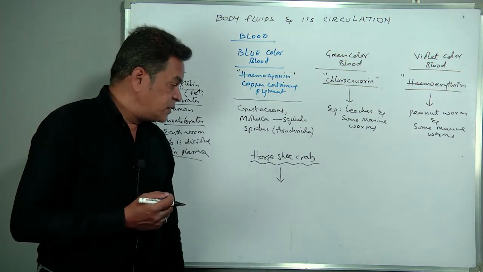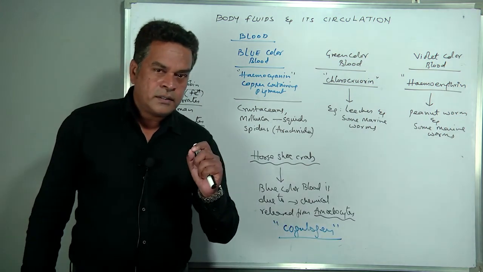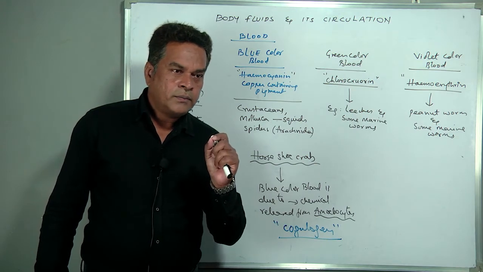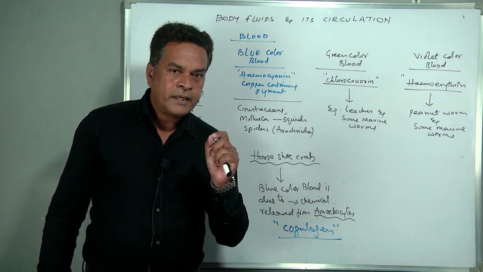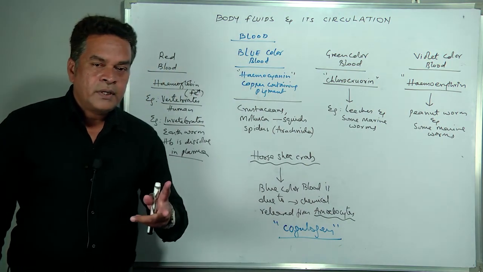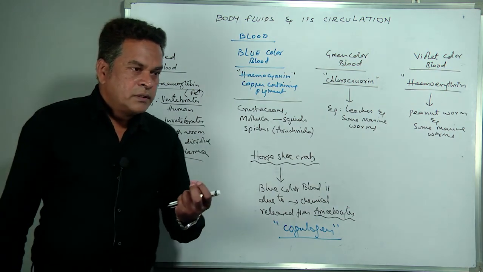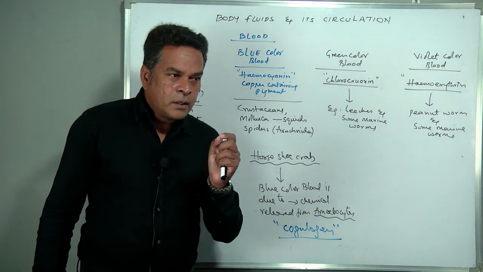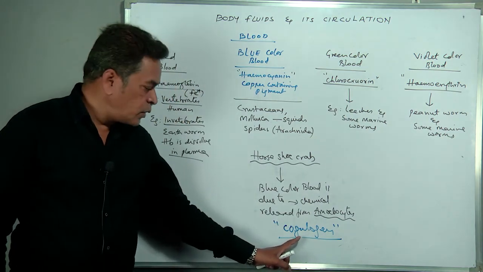It is very interesting that this coagulogen can trace even a very little quantity of bacteria, and it will be trapped in an inescapable clot. That means any type of bacteria will be detected with the help of this coagulogen.